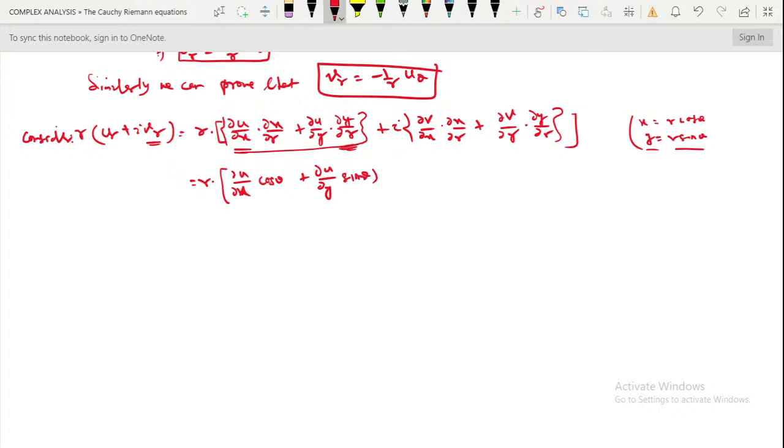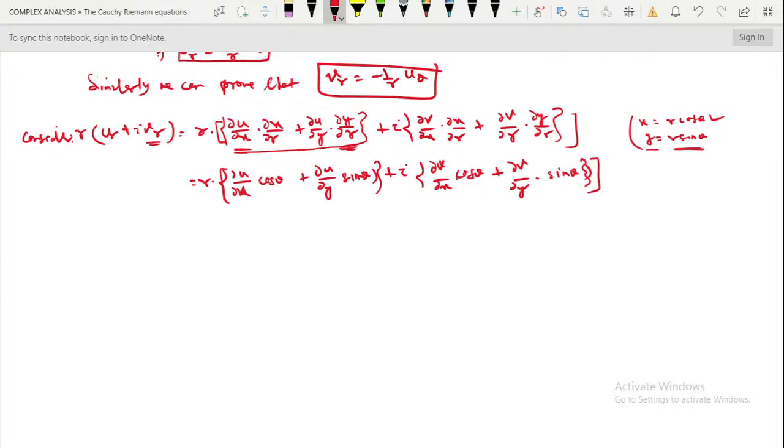Okay, so let it be in curly bracket. Then i times, this is del v by del x, del x by del r is simply cos theta. Then this is del v by del y, again del y by del r is sin theta. Okay.